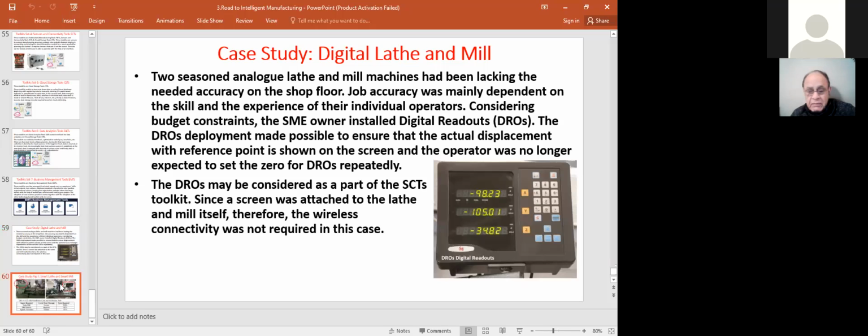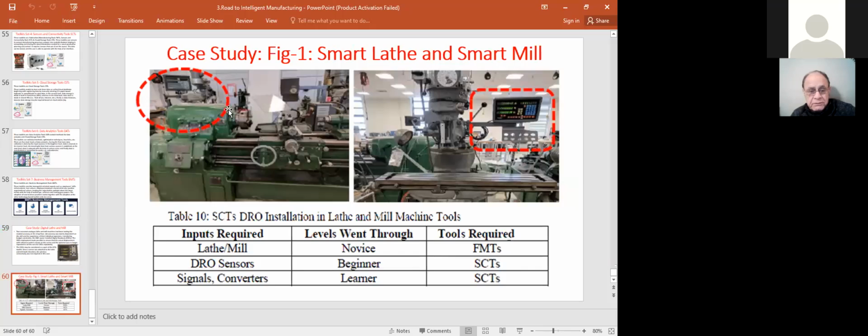So a machine on which this readout is there, and the mill machine, which has a digital readout there, and this is how step by step you get into intelligent manufacturing. So this is all what our slides are, and if there are any discussion or questions, I think we can take those up.